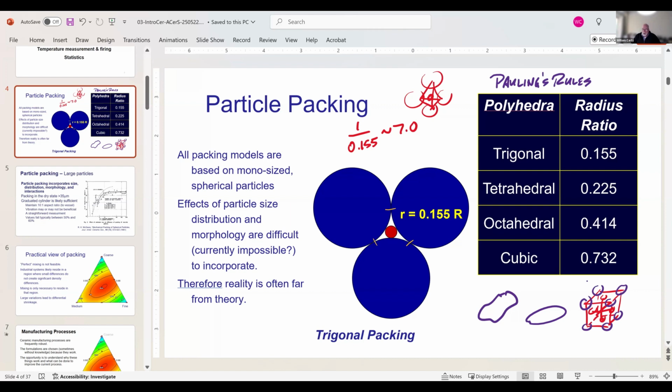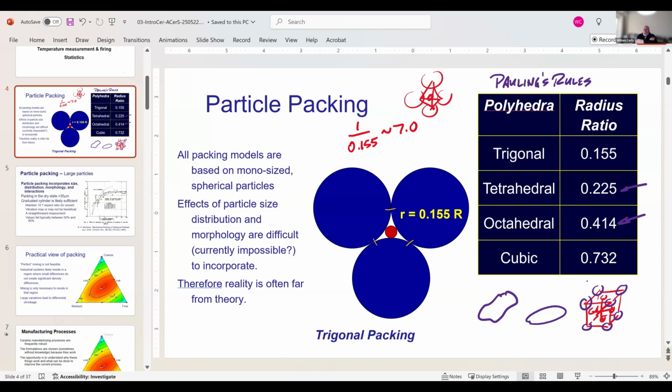Well, it turns out we did a lot of work on particle packing, and I thought, well, I've got this hole here. I've got this 22.5, and I've got 0.414. If I have a hexagonal close packed array, I'll get both tetrahedral and octahedral spaces, and I should be able to improve my packing by doing this. It turns out that doesn't work.